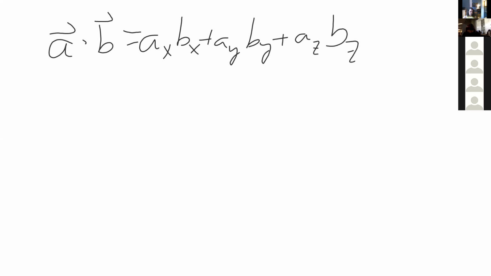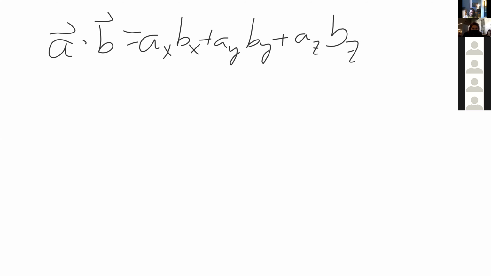That's it. Since each of these components is just the coefficient on that i hat, j hat, k hat, since it's just a scalar, when you multiply these together and add them all together, you're just going to end up with some number. So you should just get a numerical answer for this.